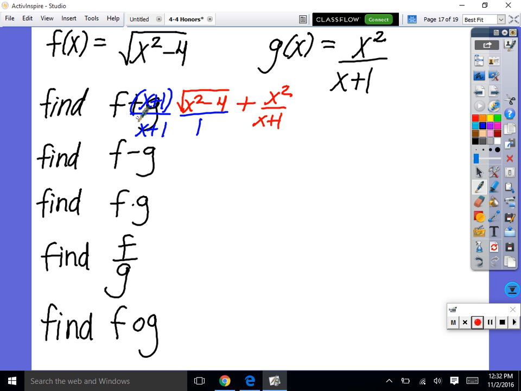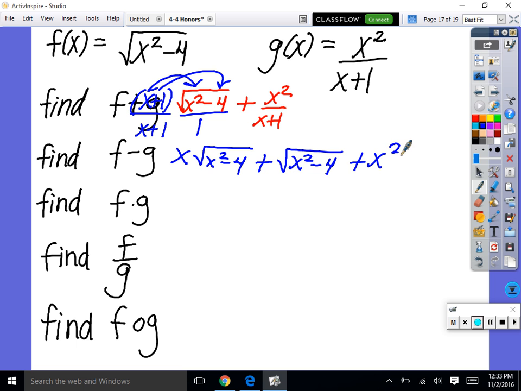So now we're going to multiply this through. X times that is just x square root of x squared minus 4, right? 1 times that is that. So plus the square root of x squared minus 4. And then we have on top plus x squared all over the common denominator of x plus 1.